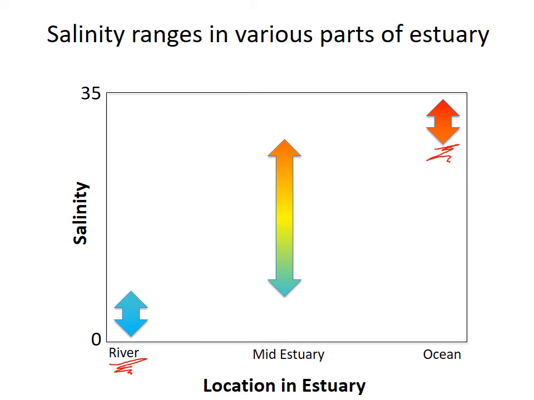And it's in that middle part of the estuary that you get the biggest ups and downs in estuarine salinity over time, and therefore the middle part of the estuary tends to be the most harsh part of the estuary for organisms to deal with, because they have to deal with both extremes of salinity if they are in the middle of the estuary. So not too many organisms can handle both extremes of salinity.